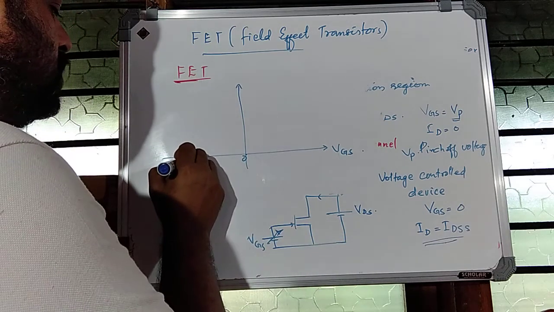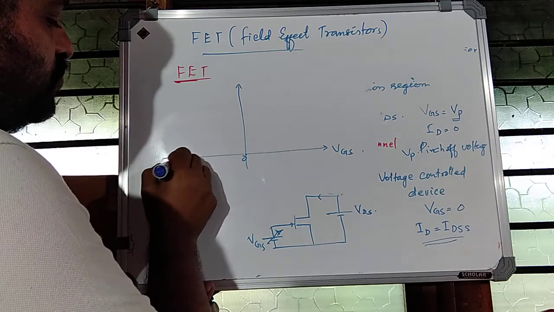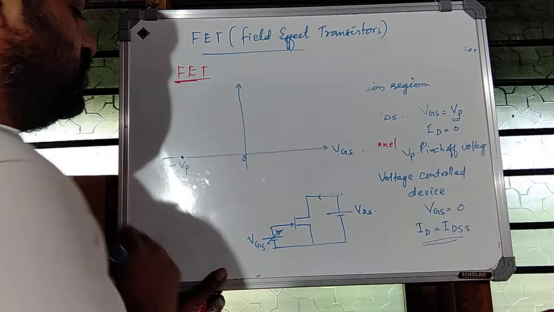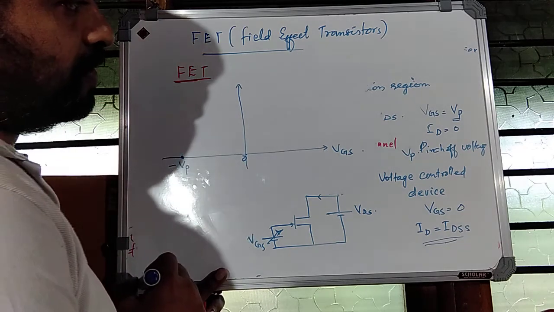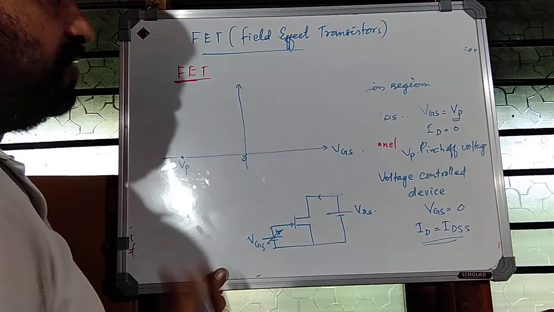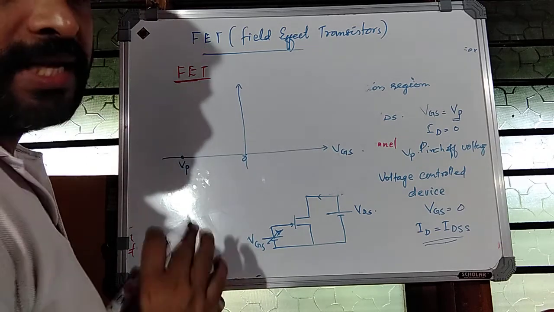When VGS becomes equal to VP, the value is negative, so we take a negative sign, minus VP. You should know that VP is a negative value.